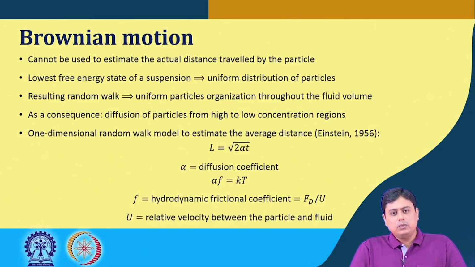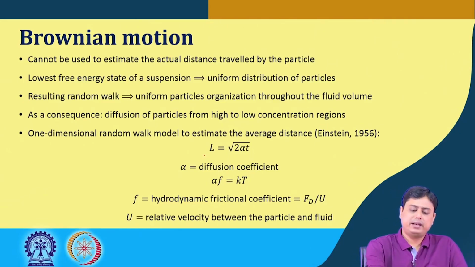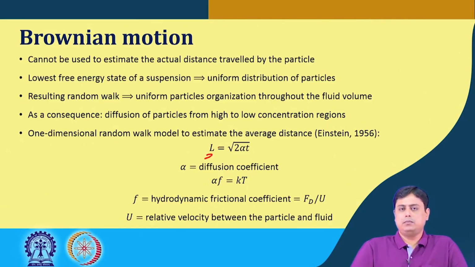Now, in order to estimate the length it travels, Einstein proposed a one-dimensional random walk model, which says that the length that it travels is the square root of 2 alpha t, where alpha is the diffusion coefficient of the particles.